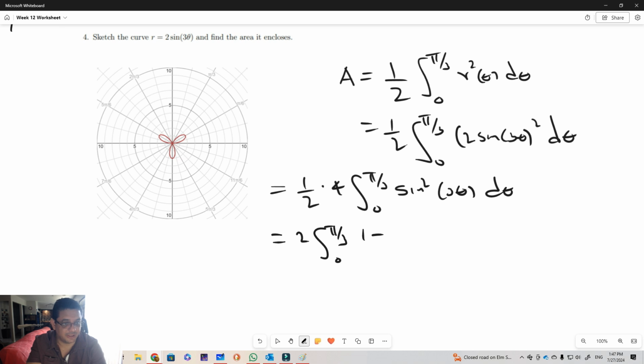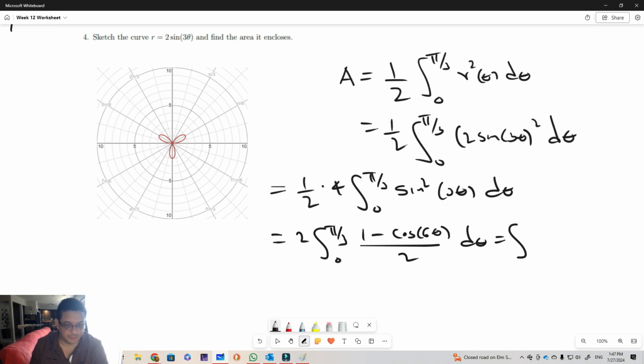We use the double angle identity for converting this square into something much more simple, and this is going to be 0 to pi over 3, and this is going to be 1 minus cosine of 2 times 3 theta, so this becomes 6 theta, over 2. And so the twos are going to cancel each other, and this is going to be the integral from 0 to pi over 3 of d theta, minus the integral from 0 to pi over 3 of cosine of 6 theta.